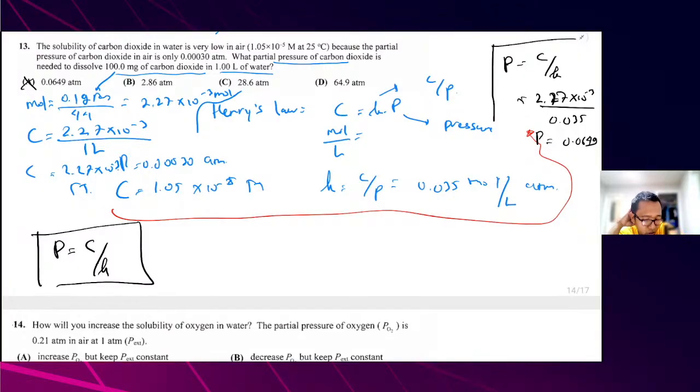P is pressure, C is the solubility in mole per liter, and K is Henry's constant, which comes from C per P.